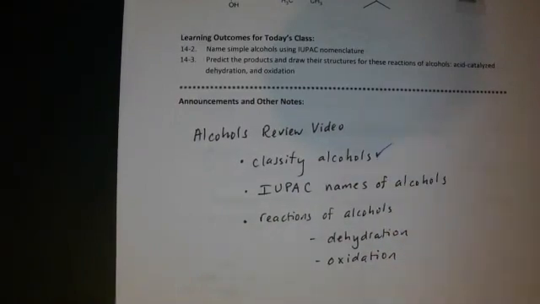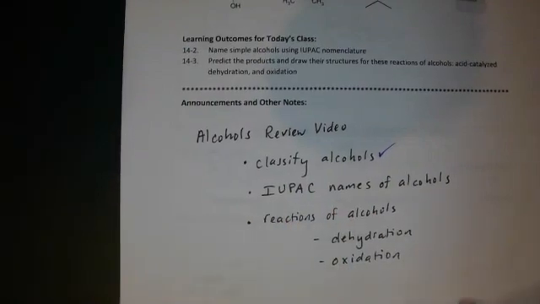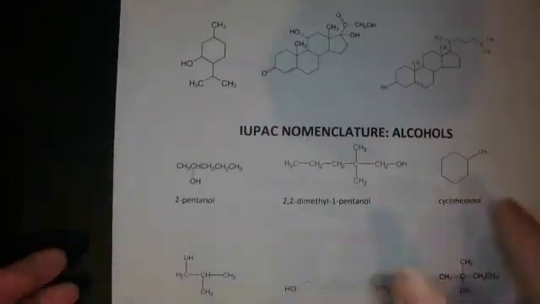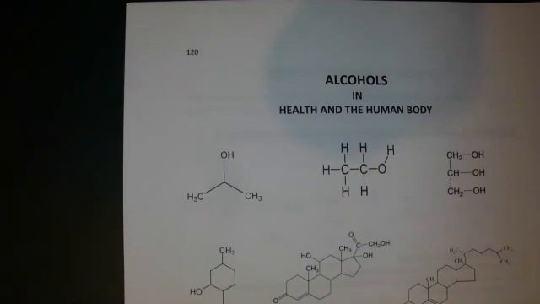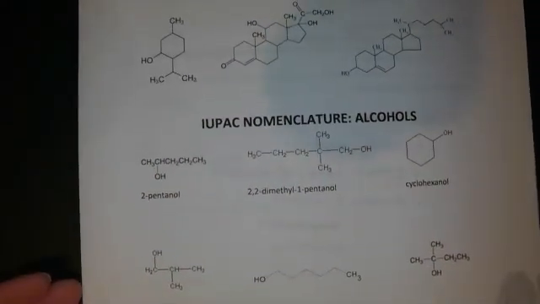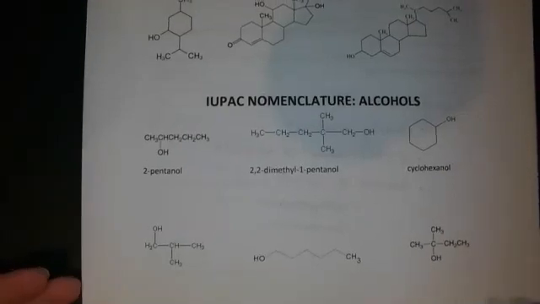The next thing for us to review is naming alcohols, the IUPAC system of naming. I'm going to flip the paper over for that. On page 120 of your workbook, I've listed some common alcohols in health and the human body. And on the bottom of that same page, I've listed several alcohols that we'll use to practice naming.